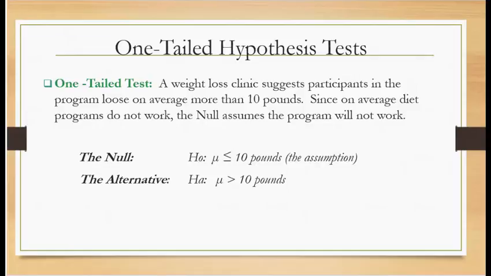So the null assumes that the average weight loss is going to be less than or equal to 10 pounds. That's the assumption. But we are trying to show that our alternative is actually correct, so that our mu will be greater than 10 pounds. This is a one-tailed hypothesis test, because we're interested only in the people that lost more than 10 pounds.